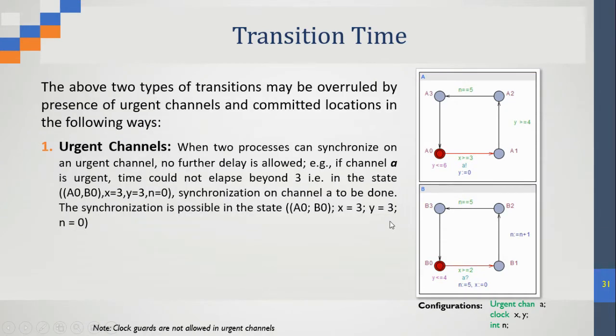The second factor that affects the time is the urgent location. If we have an urgent location, the time will not be affected, or we can say the time is not increasing. For example, if we are in the location A0 and B0, and x is equal to 3 and y equal to 3, and we synchronize, then for the next location the time will be the same, unless we change the time.